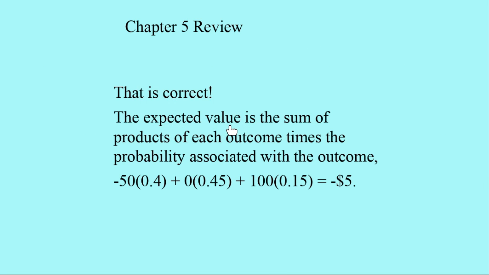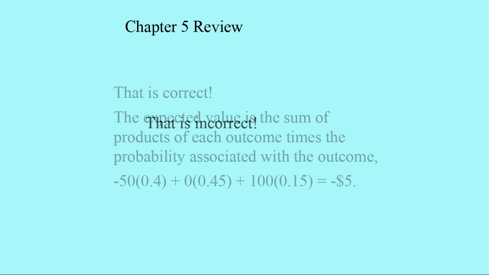Excellent. So the expected value is the sum of the products of each outcome times the probability associated with the outcome. So minus 50 times 0.4 plus 0 times 0.45 plus 100 times 0.15 equals minus $5. Very good. Excellent, Tony.